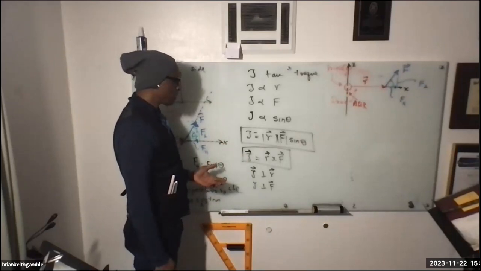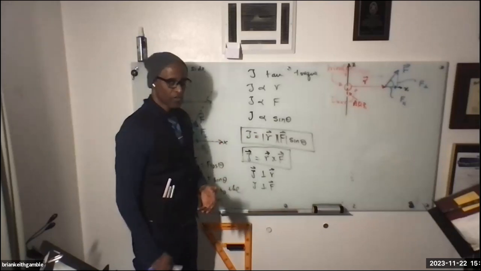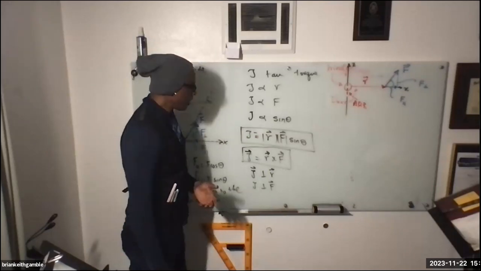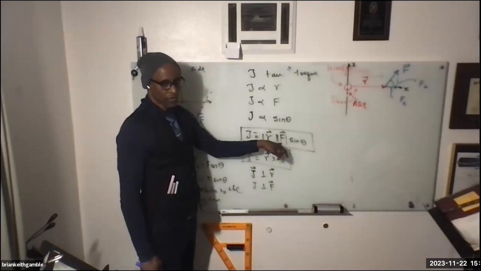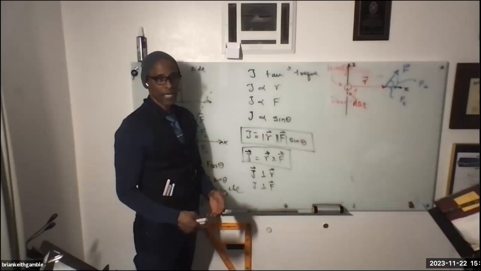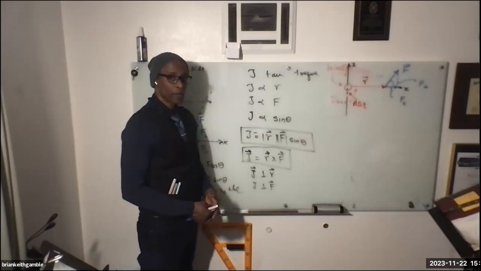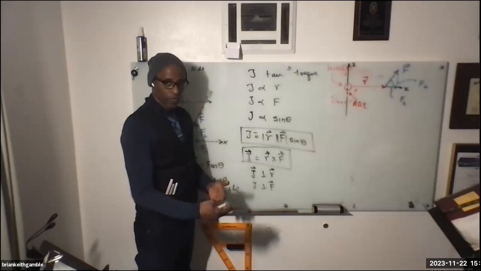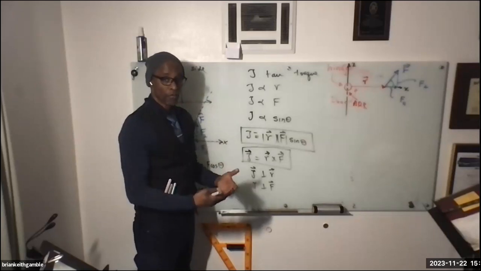It turns out that that happens to be associated with some sort of mathematical concept: whenever you have the magnitude of a vector quantity times the magnitude of a vector quantity times the sine of the angle between them, that happens to be a certain type of product called a cross product. That's a mathematical thing, and the mathematical concept of cross product has its own properties.